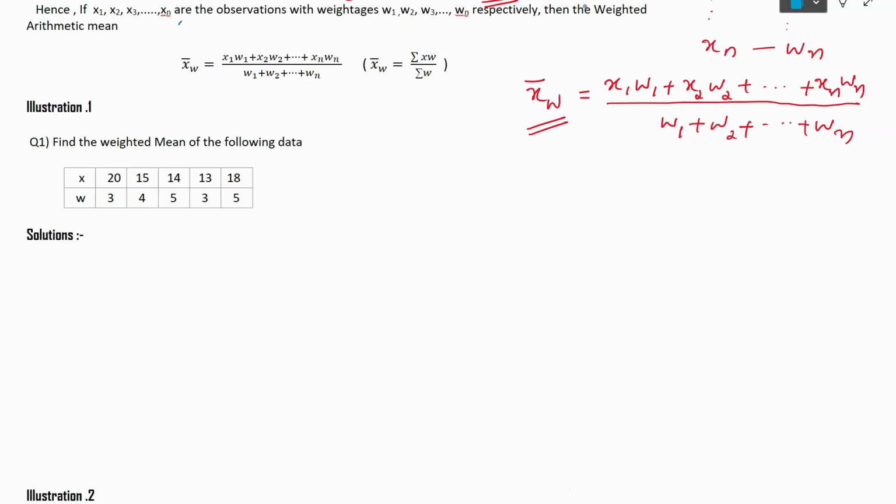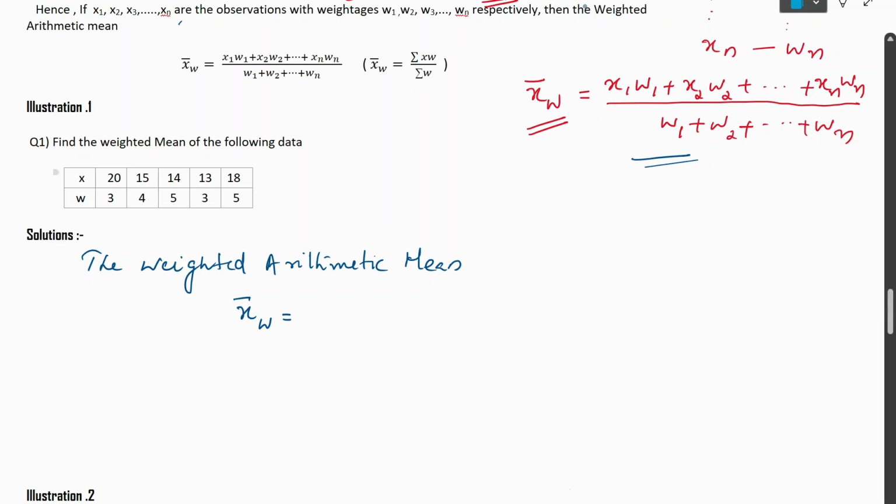Here you can write either the general formula or otherwise, according to your question, change the formula and write. Therefore, I'm considering first the formula, the weighted arithmetic mean or weighted mean. X bar W is equal to, either write it as a general formula, otherwise write it for 5 items.